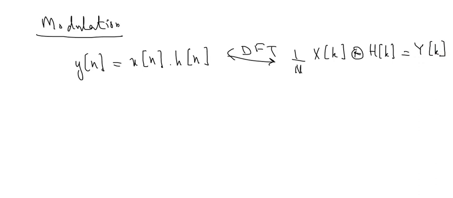So simple, like the properties of discrete time Fourier transform. Here again, if you multiply in time domain, you have to circularly convolve in frequency domain. Similarly, if you circularly convolve in time domain, you have to multiply their respective discrete Fourier transforms.